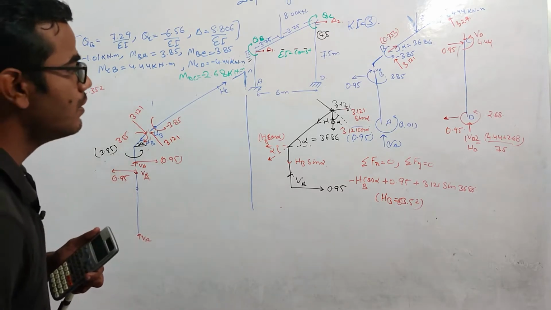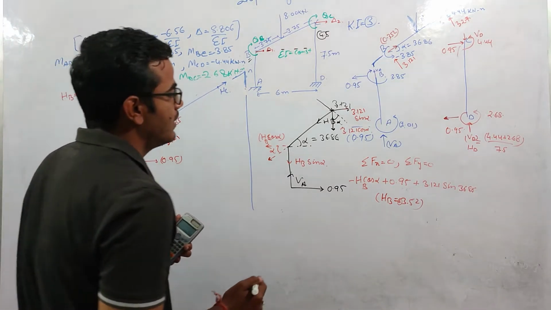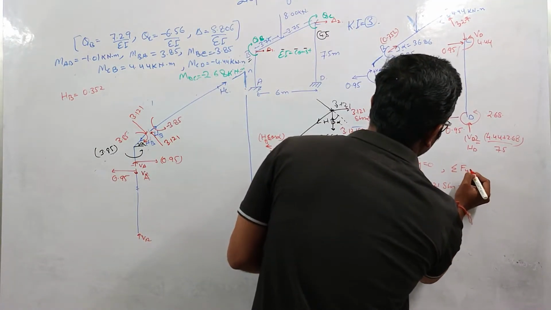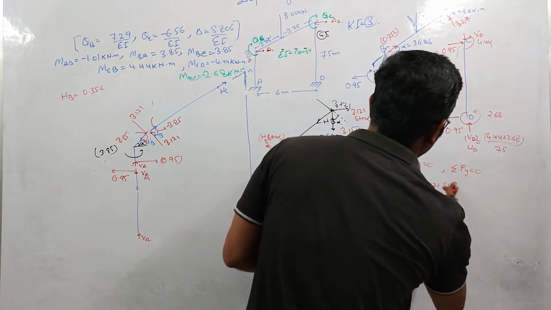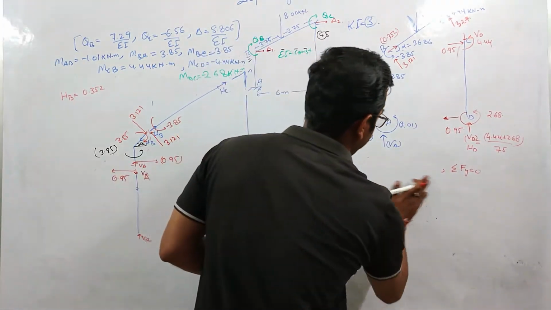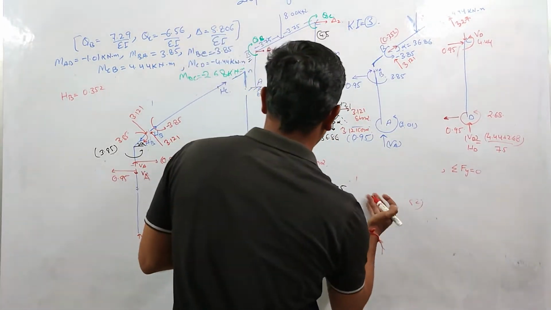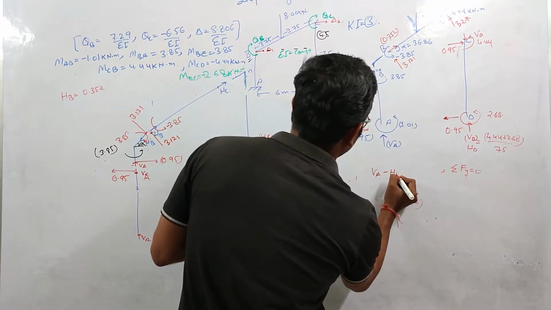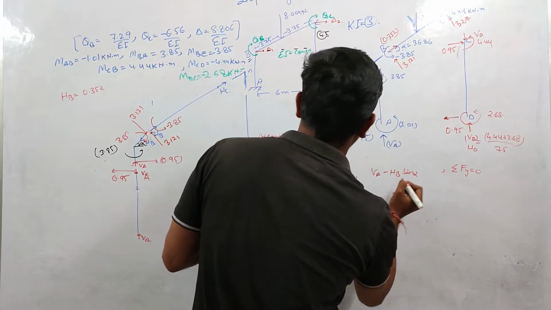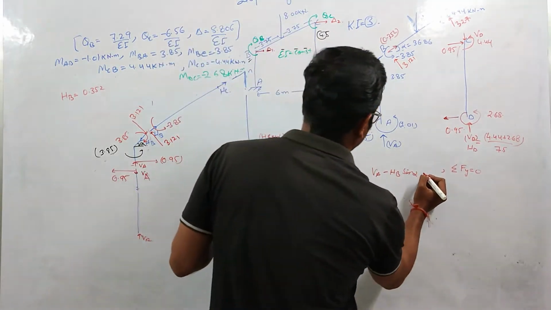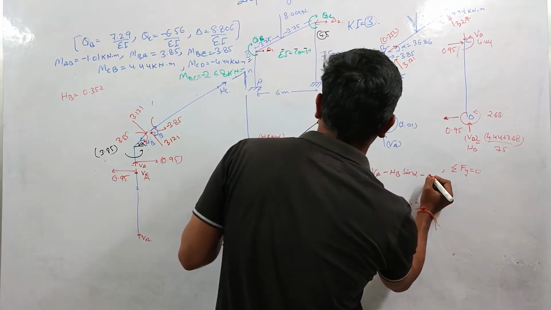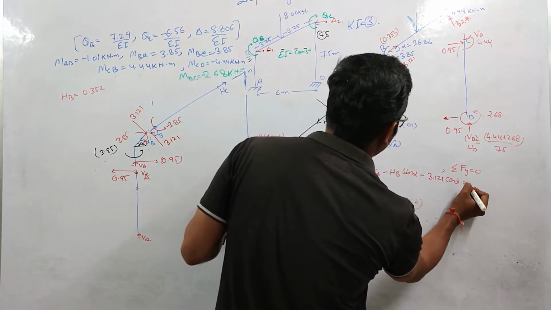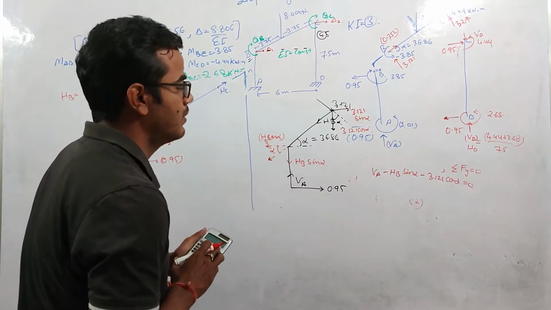Now if we take summation Fy equals 0, here I can write VA minus HB sine alpha minus 3.121 cos alpha equals 0.